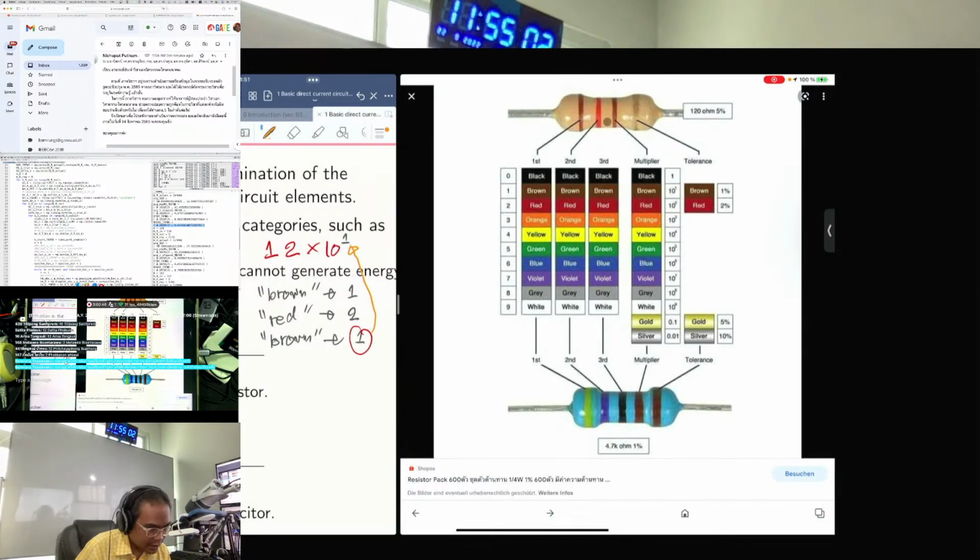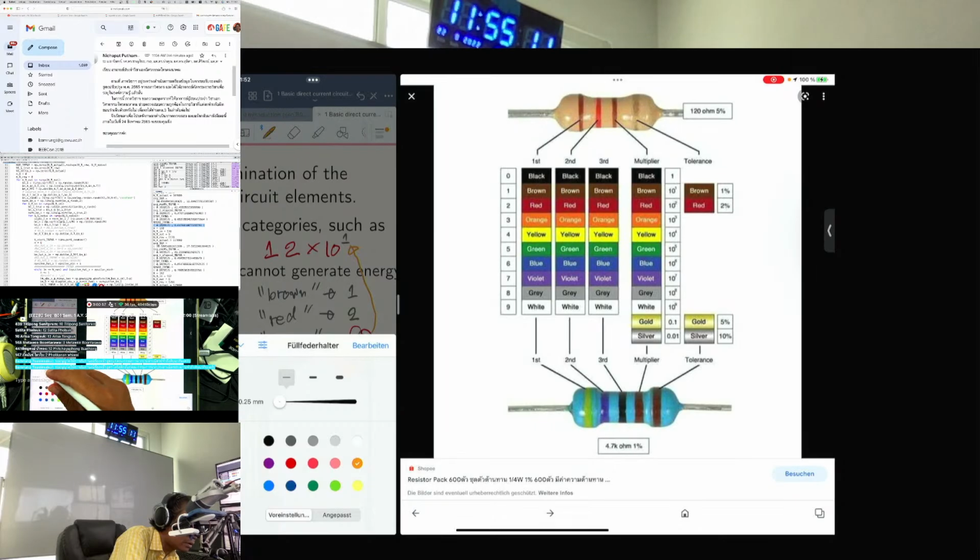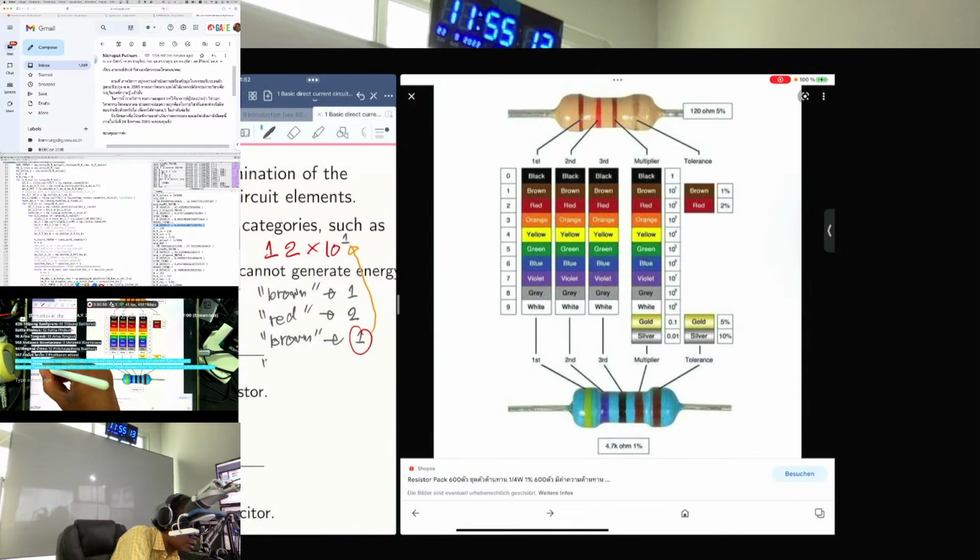And the last one is gold. It means plus and minus 5%.